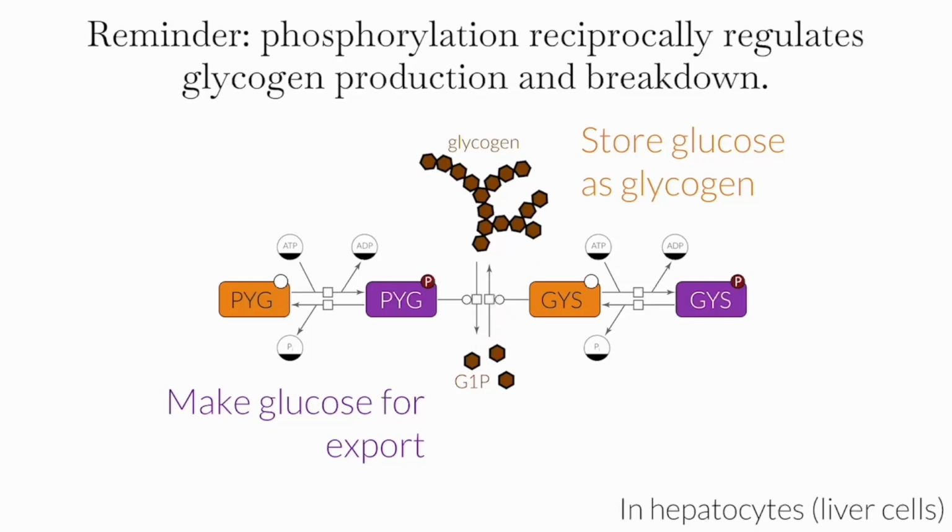If the system is unphosphorylated, the glycogen phosphorylase, which breaks down the glycogen, is off, and the glycogen synthase is on. So when it's unphosphorylated, it's saying store glycogen.